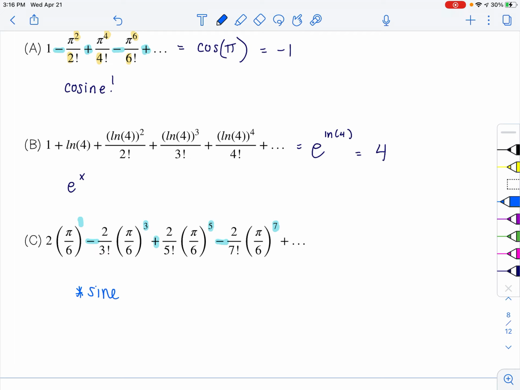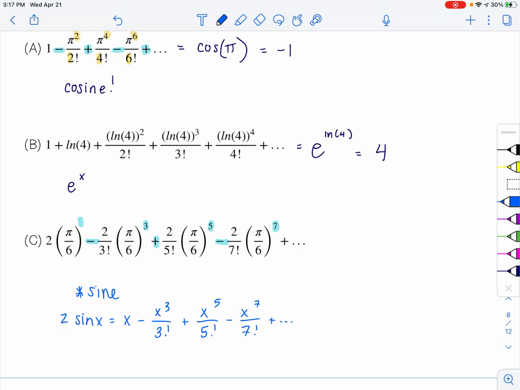So we have some extra stuff in the top, though. We have 2 here. So normally sine of x is just equal to x minus x cubed over 3 factorial plus x to the 5th over 5 factorial minus x to the 7th over 7 factorial, right? So now it looks like they've multiplied it by 2.